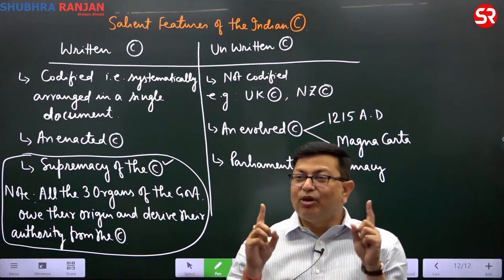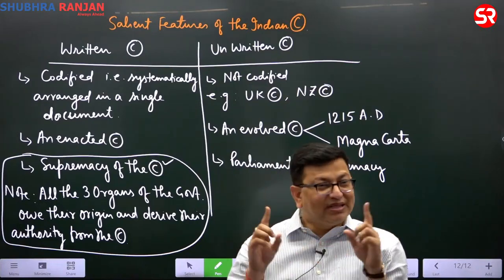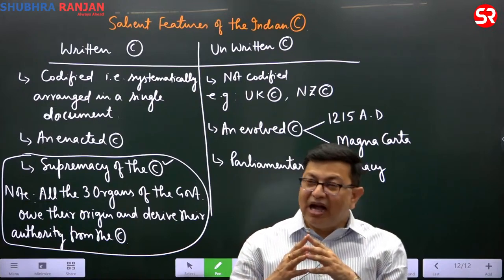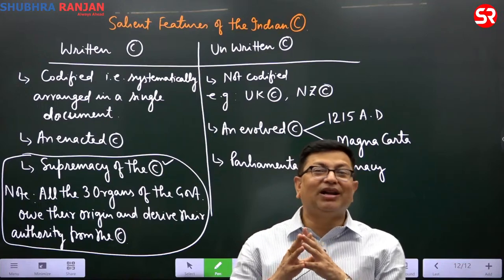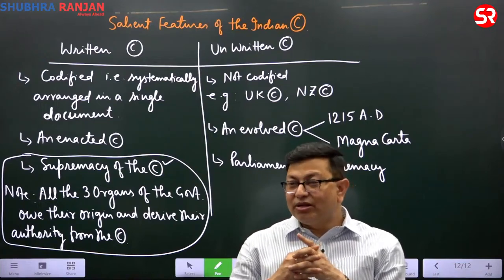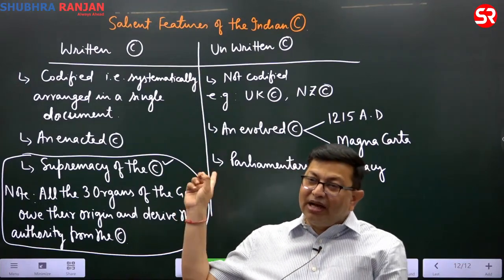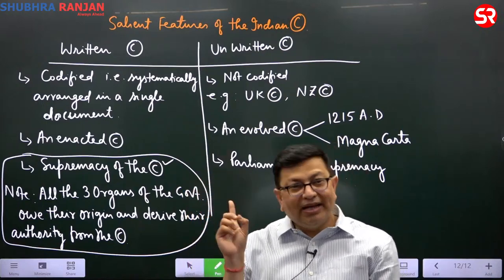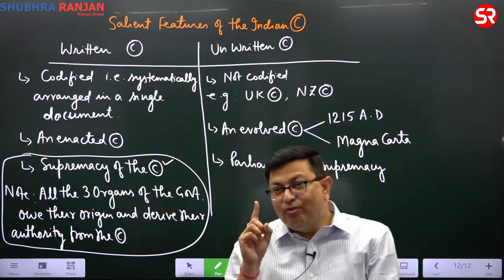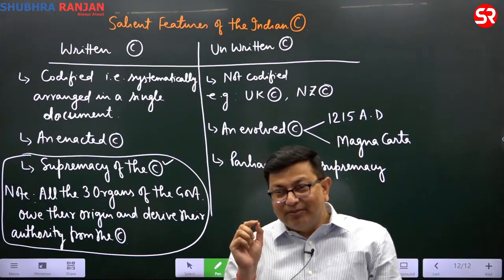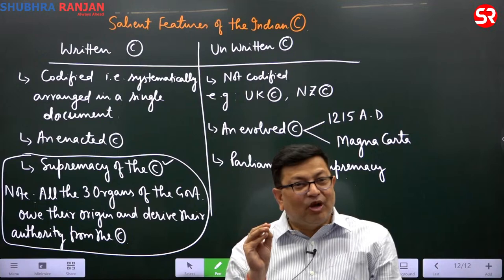But if we talk about the powers with respect to sovereignty, our parliament is not sovereign as the British Parliament. In our country, the parliament is bound by the provisions of the constitution. It will have to make laws on the subjects for which it has been authorized.